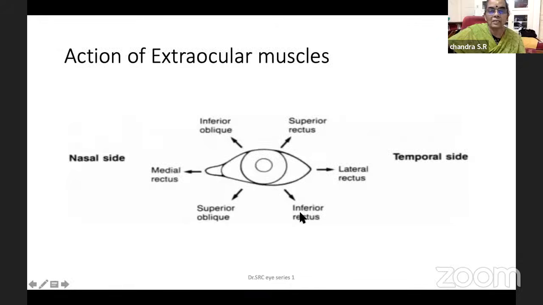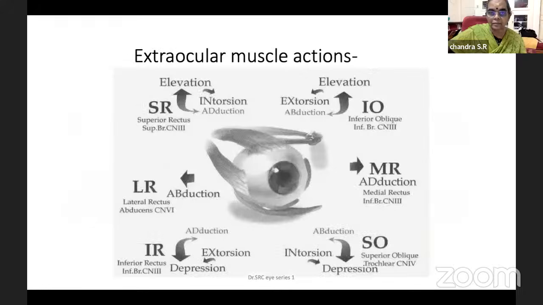The inferior rectus will depress. So you have got the recti, which move the eye in the horizontal plane, the lateral rectus and the medial rectus. Superior rectus elevates, inferior rectus depresses, inferior oblique elevates, and superior oblique depresses.